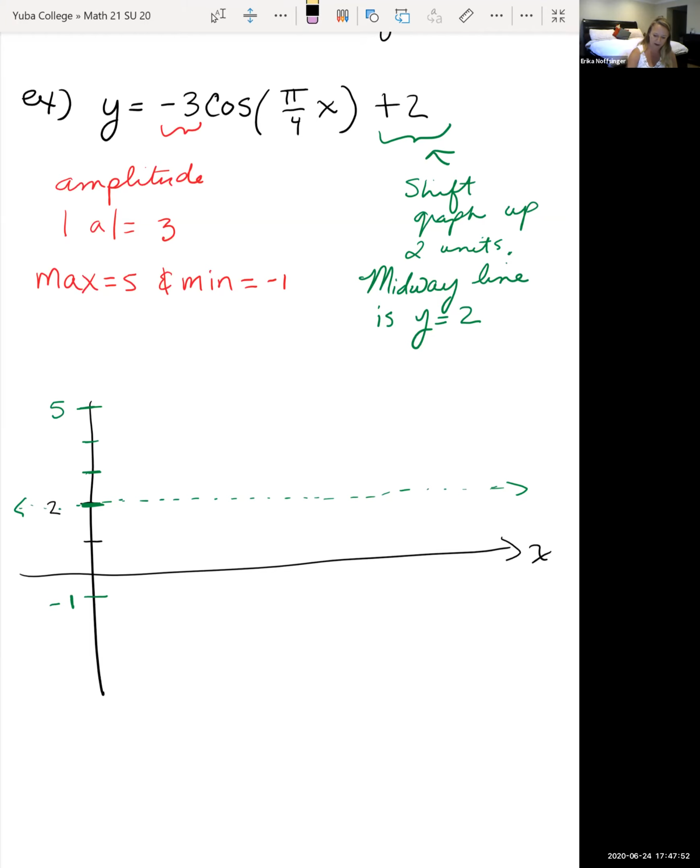So when we found our amplitude was 3, if we added 3 to 2, we got 5. And if we subtracted 3 from 2, we get -1. So I know the highest point the graph is going to reach is 5, and the lowest point is -1.